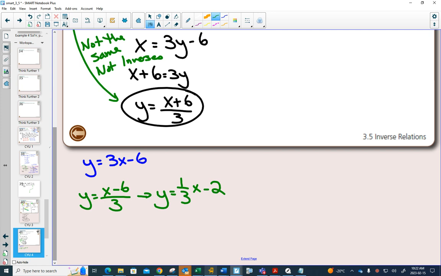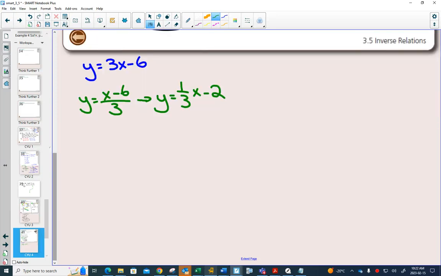I can divide the x by 3, which would give me 1/3 x. I can divide the 6 by 3, which would give me minus 2. Why did I change it to those forms? So that we would have y equals mx plus b for both of them.